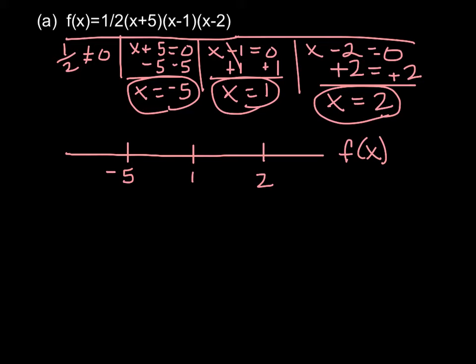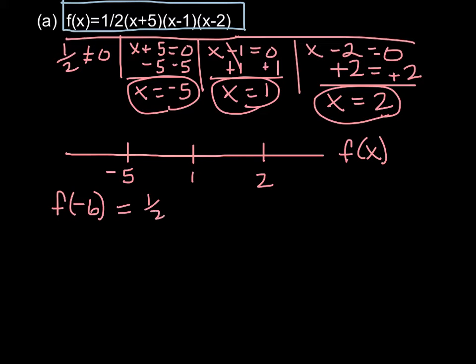So what I'm going to do is I'm going to do f of -6. Okay, so I'm going to go back up to this original equation right up here, and I'm going to plug in a -6. Now we don't need to get crazy here, so watch, I'll show you what I mean. So we're going to put 1/2, and then I'm going to put a -6 in there.